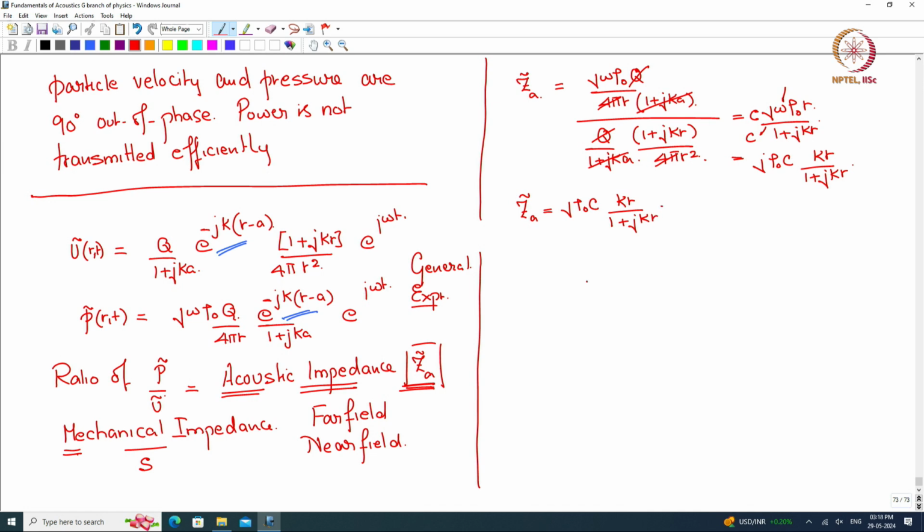Okay. So, now I have a source of some radius a, and I have this distance r somewhere, and I am looking at the acoustic impedance on that surface.